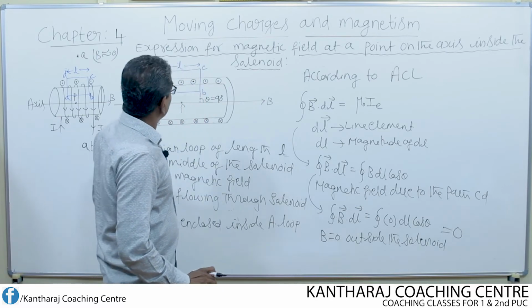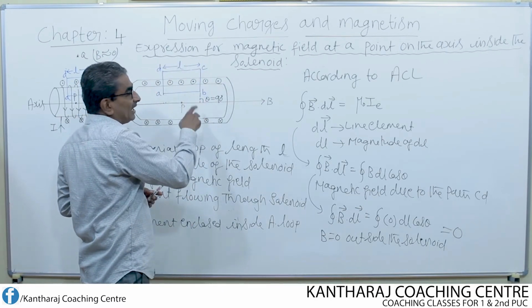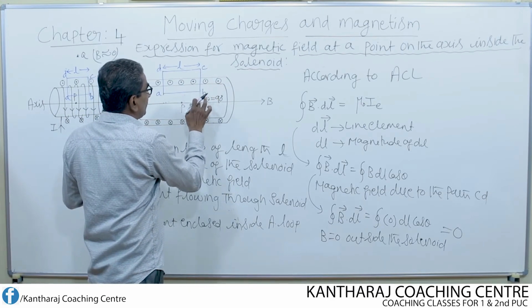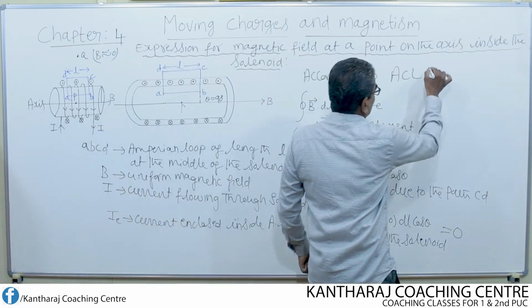That means the magnetic field due to the paths AD and BC, which are transverse, meaning perpendicular. Let us write separately.